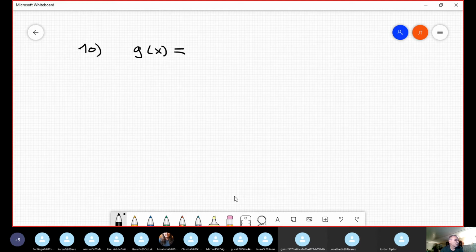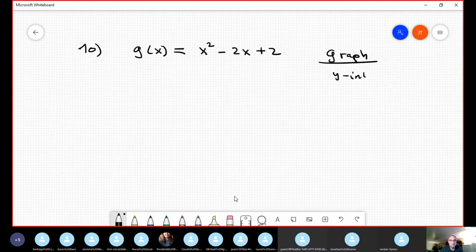The function is x squared minus 2x plus 2. And they want us to do the graph. Of course, we're using the Desmos graph. And also determine the y-intercept and x-intercept. Okay, let's do it quickly.